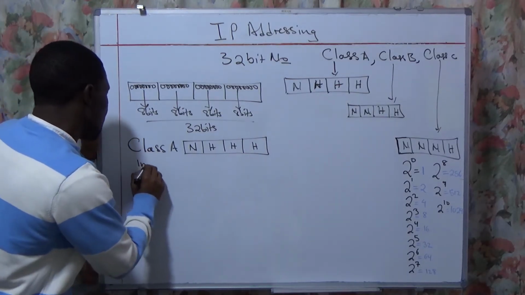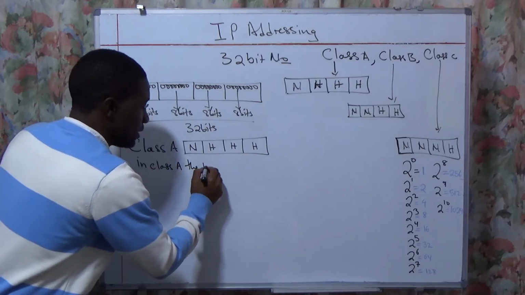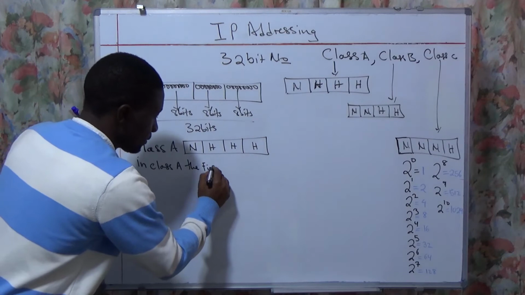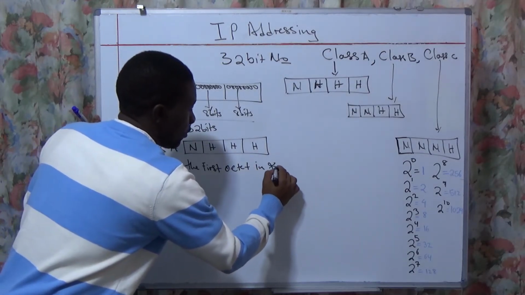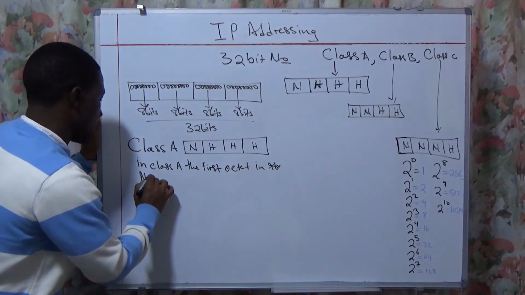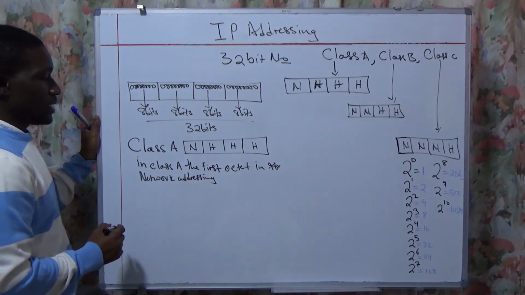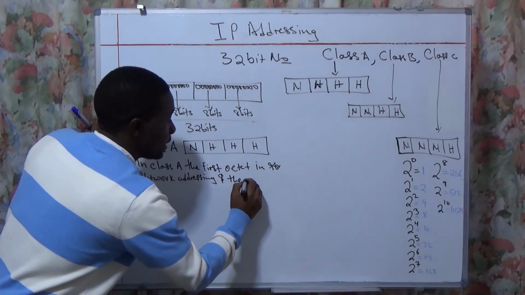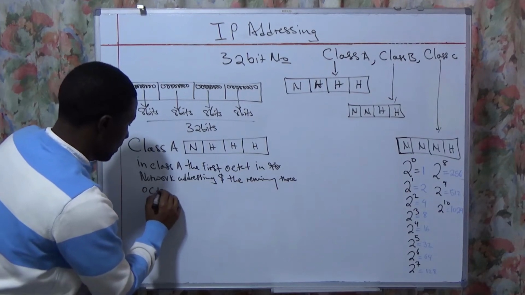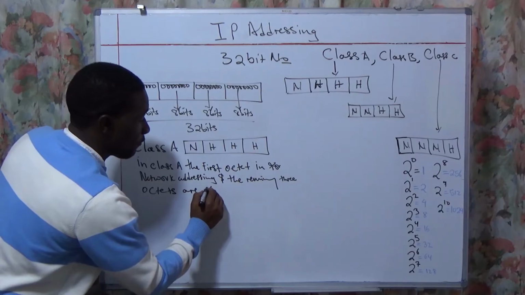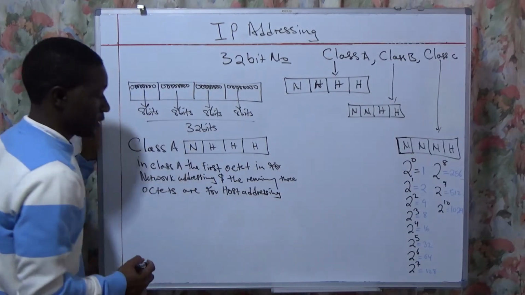It means that in class A, the first octet is for network addressing, and the remaining 3 octets are for host addressing.